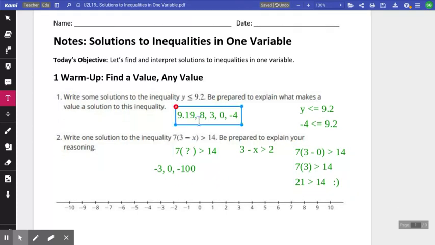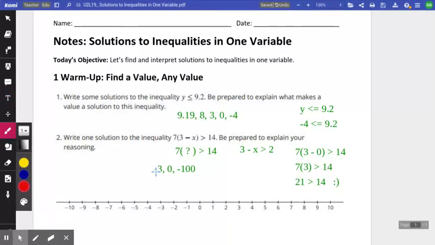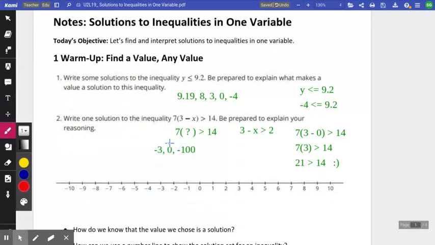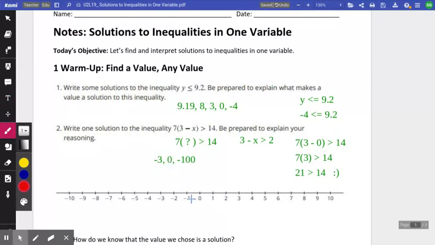When we look at all of these solutions for each of these inequalities, there's a way to represent those solutions on a number line. So focusing in on this last one here, I had come up with 0, -3, and -100 would be down here. We could pick some other ones like -10.